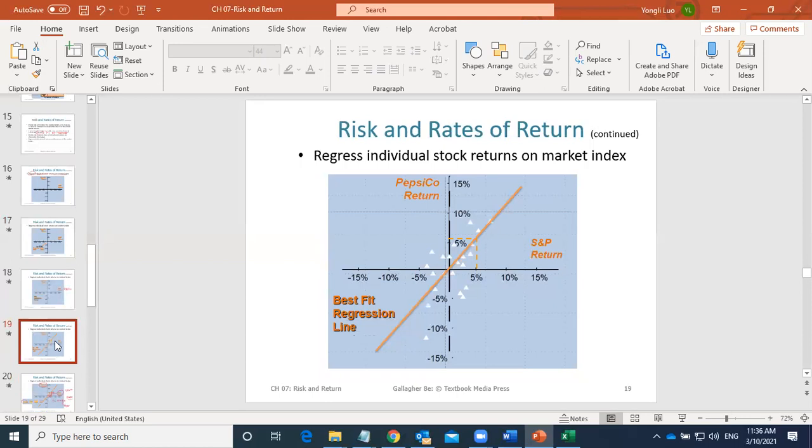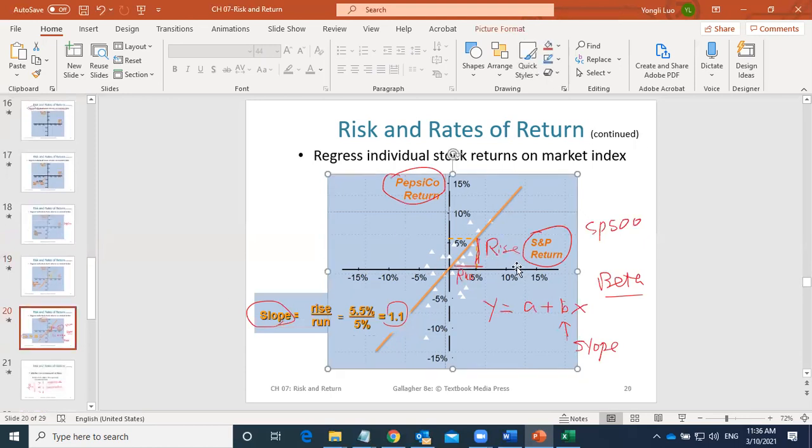Once you have the independent and dependent variable, you just run a regression, and it will give you the coefficient of the S&P 500. That's beta.